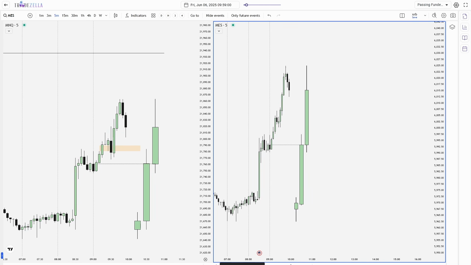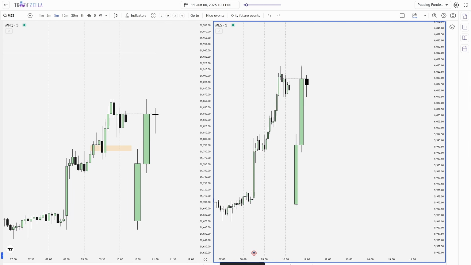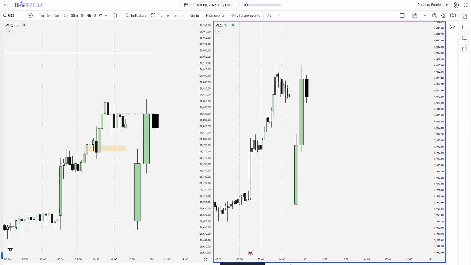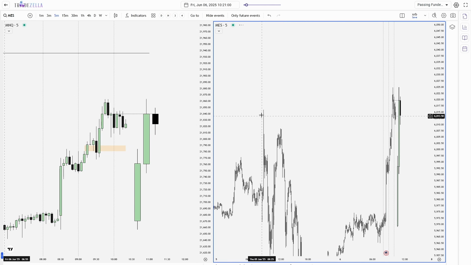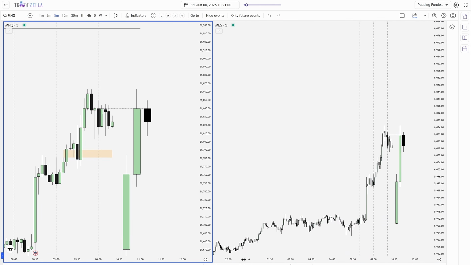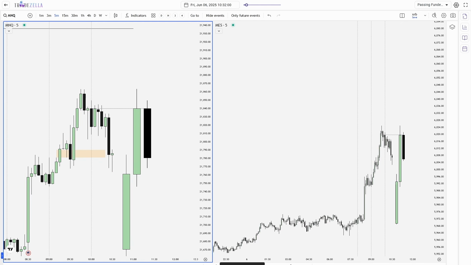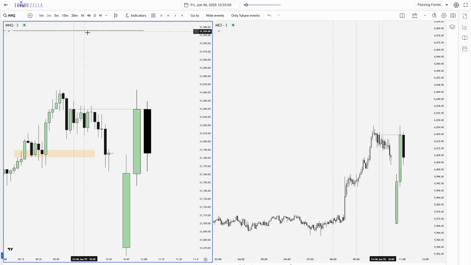Can we get a continuation order block? Consolidation at that high, which is a continuation signature. Now a deep retracement, which we don't want to see.